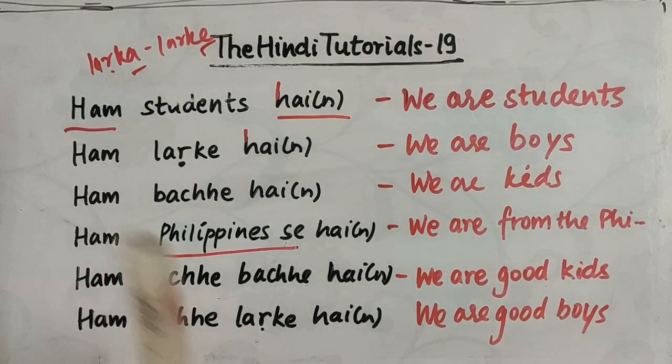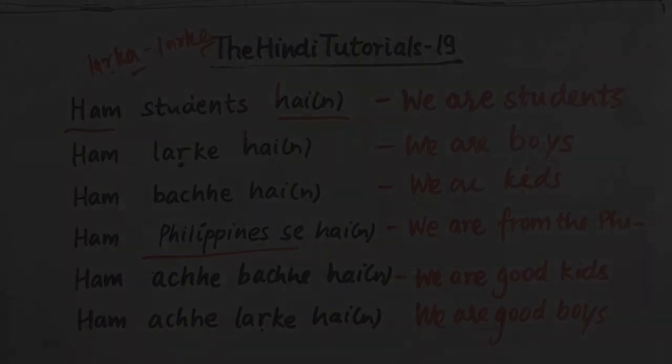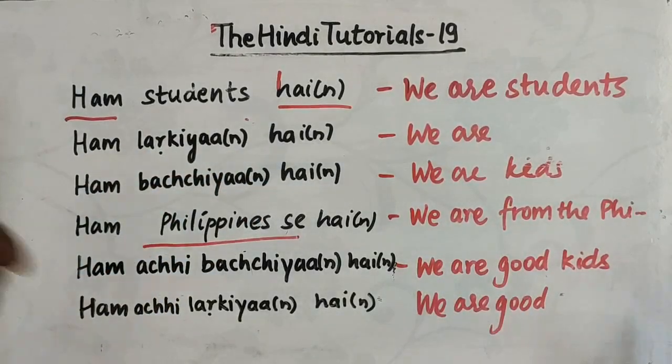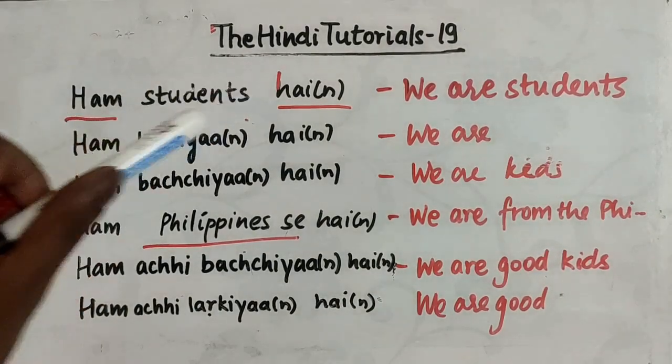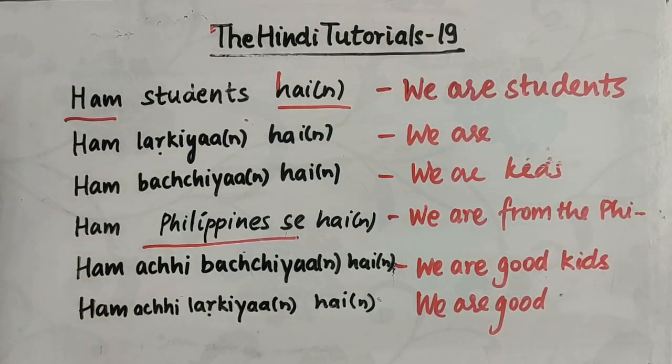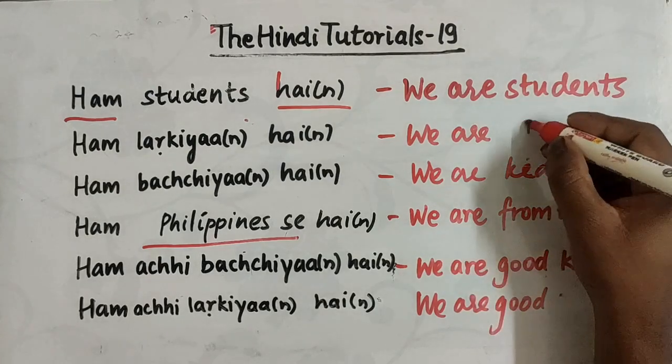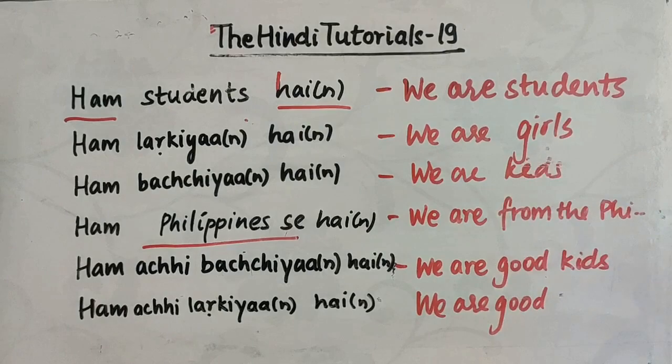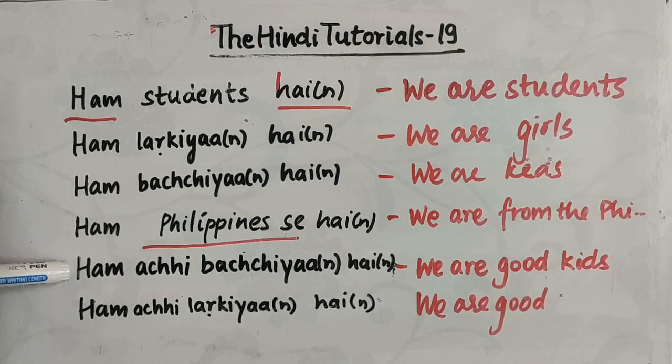ठीक है? We are. Now giving the same examples with female nouns. ठीक है? हम students हैं, we are students. It remains the same because student is an English word. हम लड़कियां हैं, we are girls. हम बच्चियां हैं, we are kids, female kids. हम फिलीपींस से हैं, we are from the Philippines. हम अच्छी बच्चियां हैं.